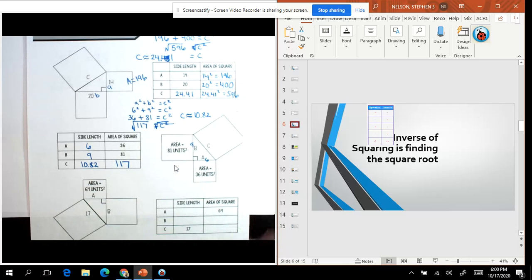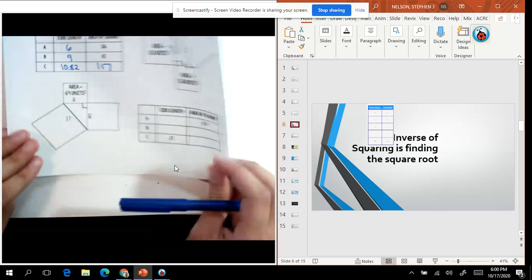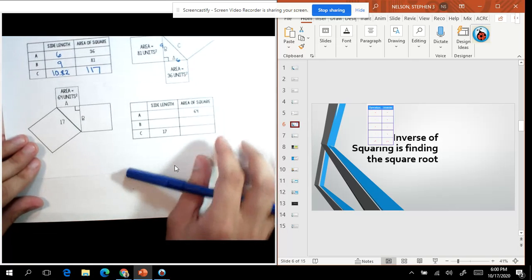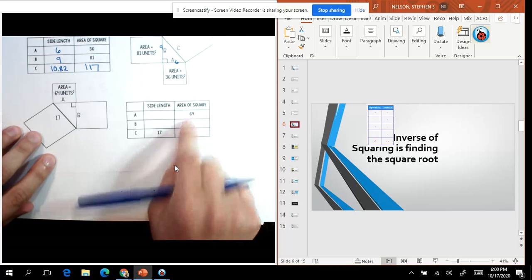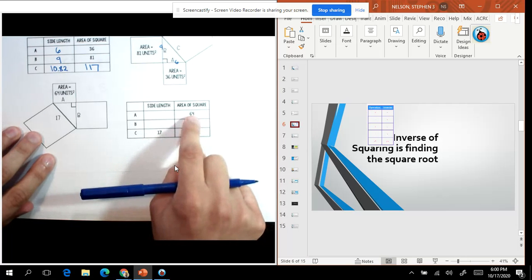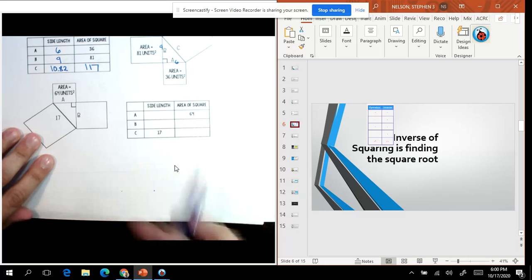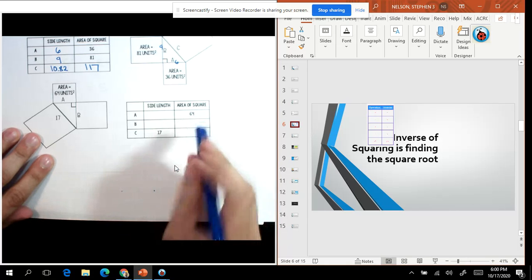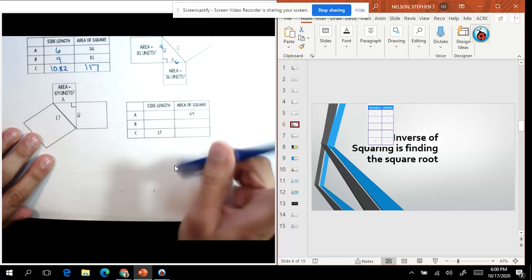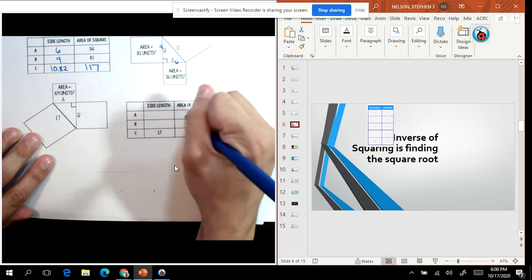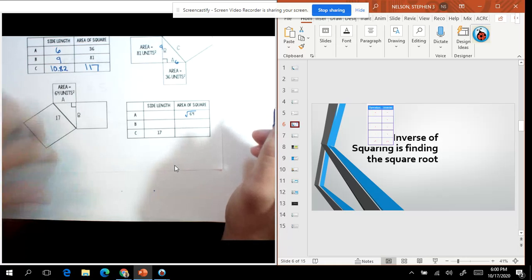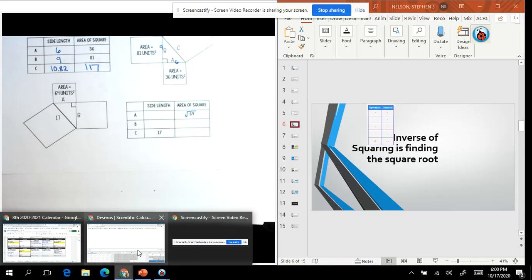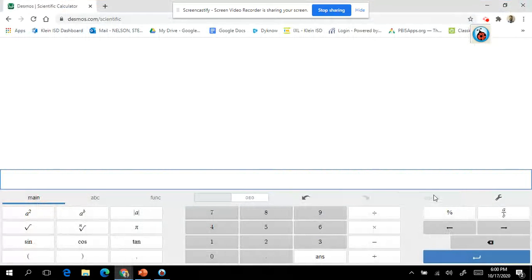So that's how you find missing sides. I'm going to do the last one here with you guys. All right, so we're given one side length and one area of the square. We have area 64, so we can find the root of 64. Just for practice, let me pull out the Desmos so that you're comfortable with using it.